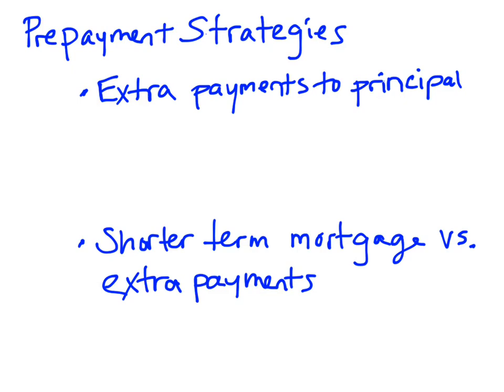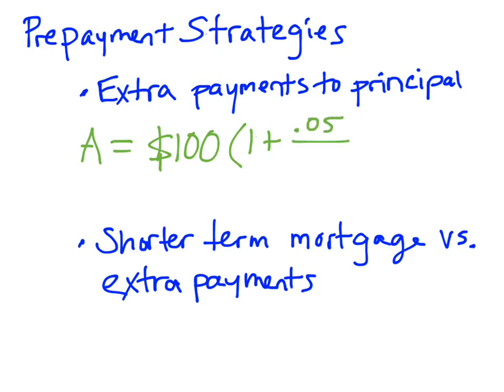So what we're saying is that you're initially reducing your principal by $100, and let's say you do this during the first month of the mortgage, not 5 months in. So the amount you're actually saving here is not just $100, but it's the $100 plus however much interest would accrue over the next 30 years. So if you use the compound interest formula to see what that $100 is worth at the end of 30 years, you would do the principal times 1 plus APR, which was 5%, over 12, and then times the exponent of 12 times 30.